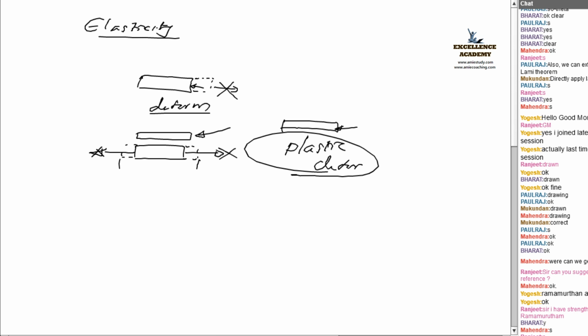Then I told you about the tensile force. One more type of force is there, like this. The forces are directed toward each other, then bulging of the material will happen. Am I right? That is called compressive force.